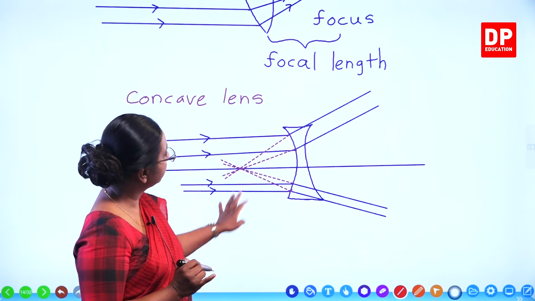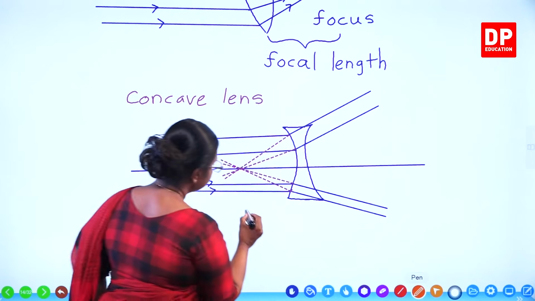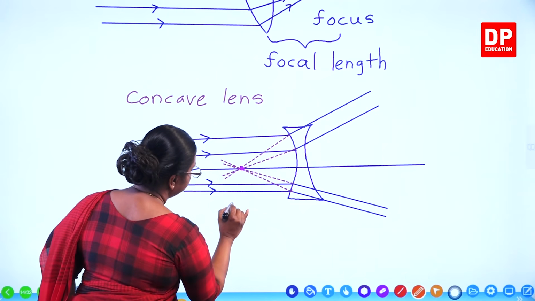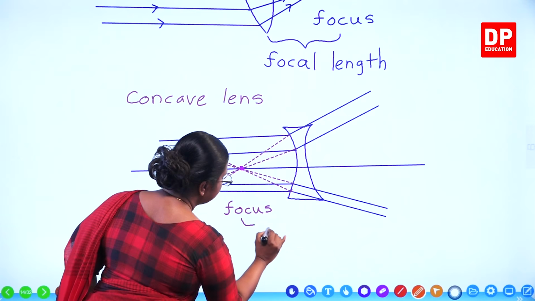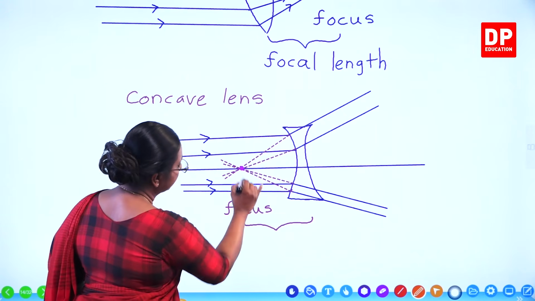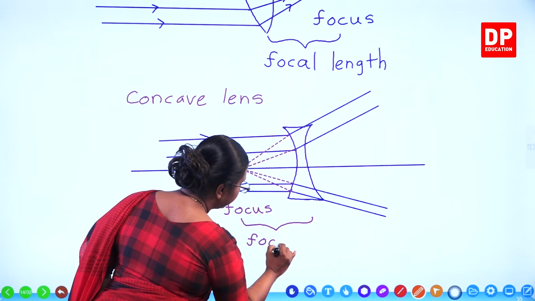So that point is known as the focus. So this is the focus, and the distance between the focus and the lens is the focal length.